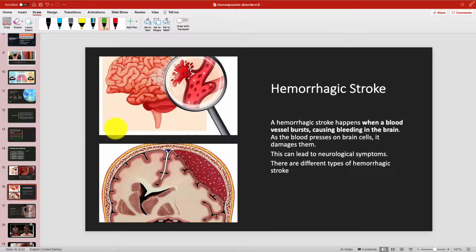Let's do this one here. We could have strokes that occur in the brain due to hemorrhaging, and you can see here when there's alterations in pressure, this can impact the very delicate vessels within the brain. We can have a burst of the vessels causing bleeding in the brain, which will increase pressure, which will begin to destroy neurons and have an impact on certain parts of the brain, depending on where the bleed is.